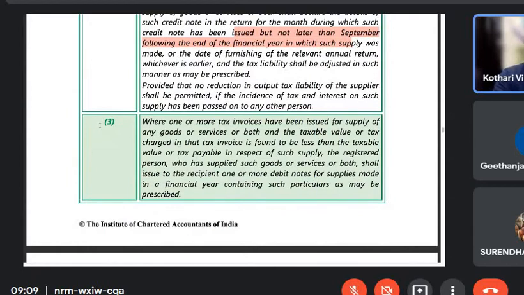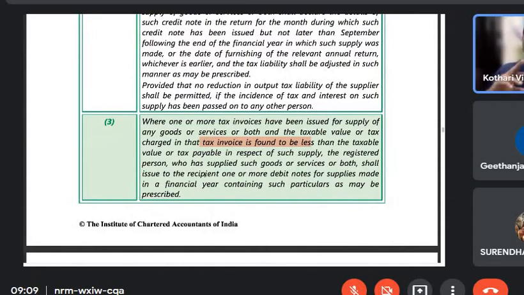So when can a debit note be issued? A debit note can be issued only in two situations. When the tax charged in the invoice is found to be less than the tax payable, or the value charged is found to be less. Say for example, 1000 rupees you have to charge, but you have charged only 800 rupees.